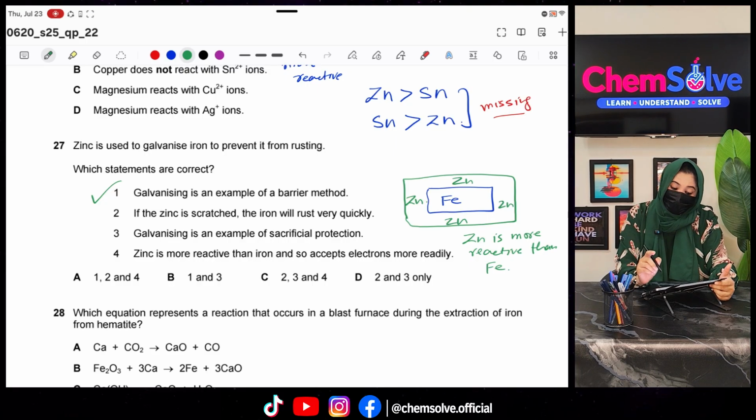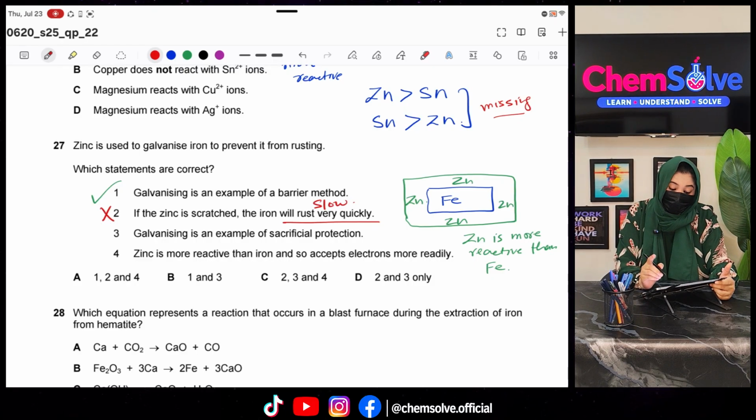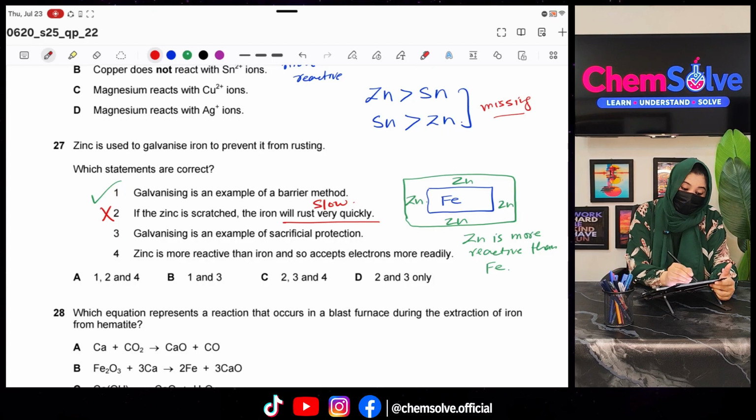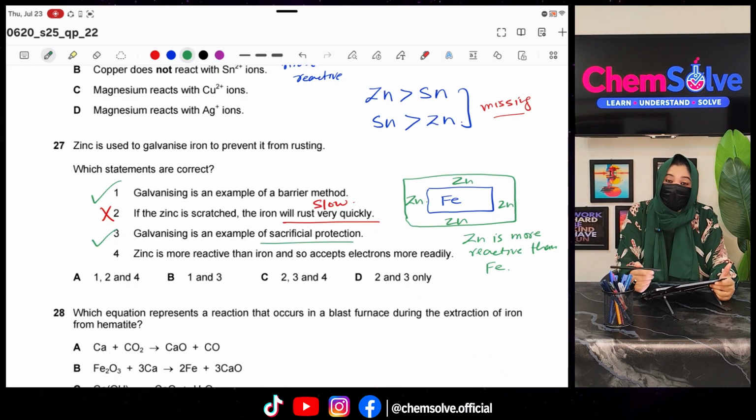If zinc is scratched, the iron will rust very quickly. Not at all. Rusting is a very slow process. So statement 2 is incorrect. Galvanizing is an example of sacrificial protection. Exactly, it is. Sacrificial protection is the process in which one metal sacrifices itself.